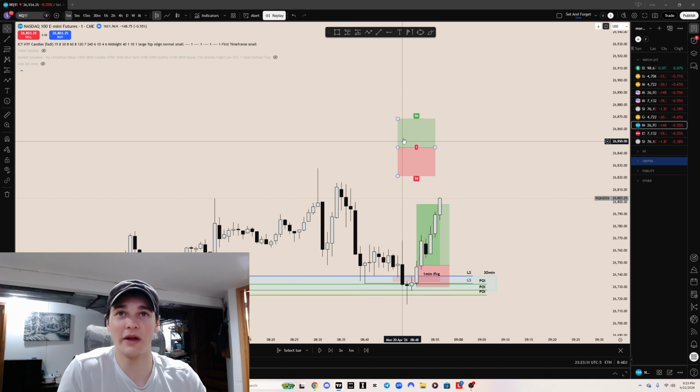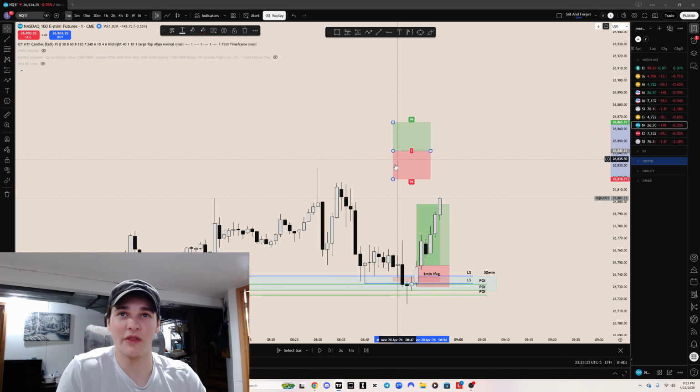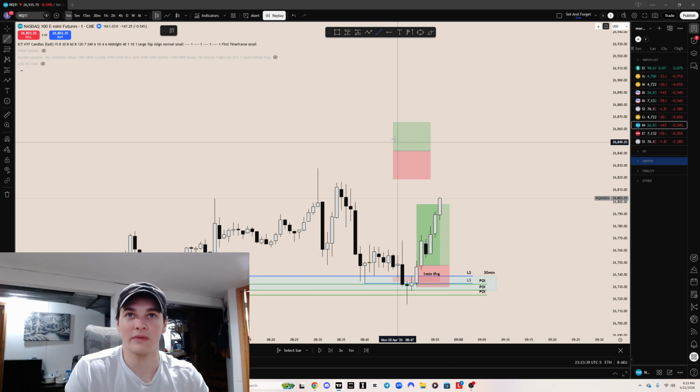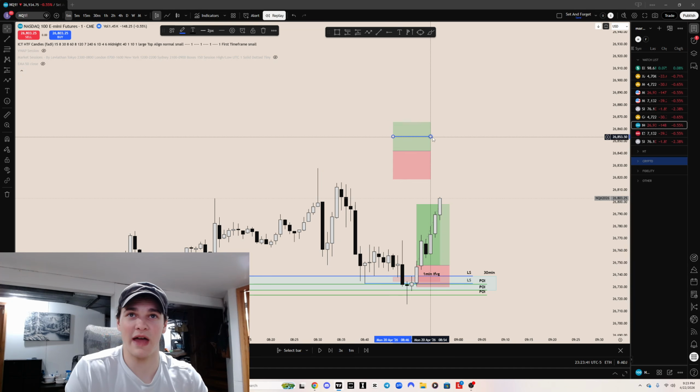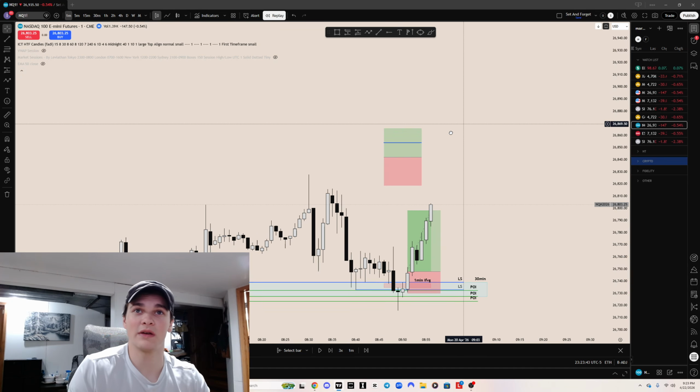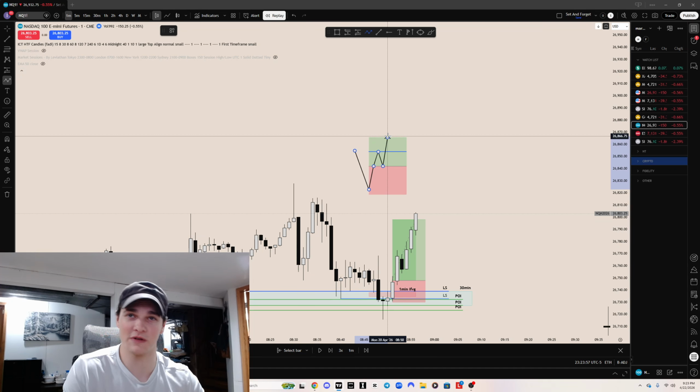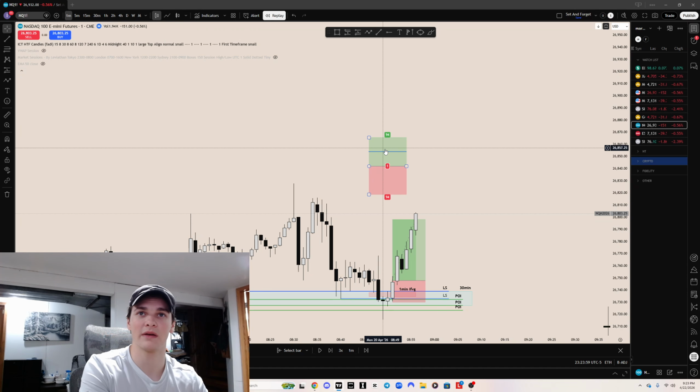If I'm trading a 1-to-1 and my draw on liquidity, where I want price to go, is a 1-to-1, I go break even at the 50% of any take profit level. So right here, if price came down and I entered in right here, price taps into this, I'm setting my stop to break even right away, and either letting price come down and take me out, or it just goes to my take profit right away.